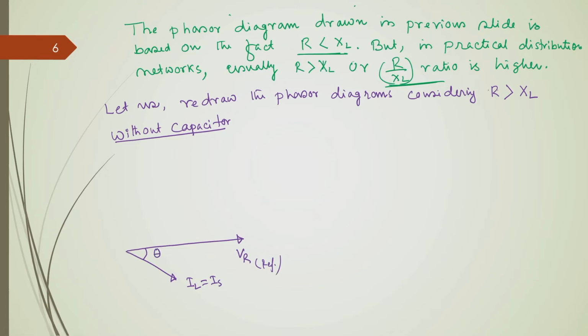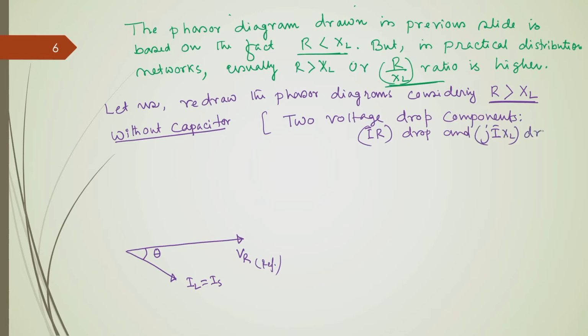Since, as I said, we consider R greater than XL, you need to add two voltage drop components that we know we have: one is called the IR drop, I phasor multiplied by R, and another is the jIXL drop. Okay. So, we have two voltage drop components.